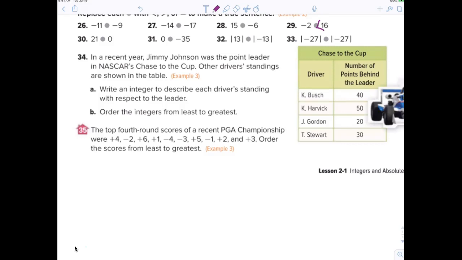Harvick would be negative 50, and then negative 20 and negative 30. That's how easy. Now, Mr. Strickland, I want you to order those numbers from least to greatest. Negative 50, negative 40, negative 30, negative 20.